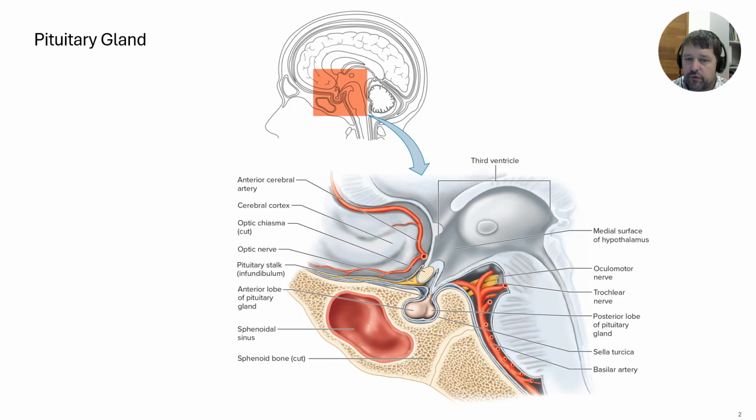Another region right above the pituitary gland, which is probably important for a lot of the stimulation of the hypothalamus, is the optic nerve. That region is actually called the optic chiasma, and that's where the optic nerves come in and cross. We talked about this when we discussed how your eyes work.